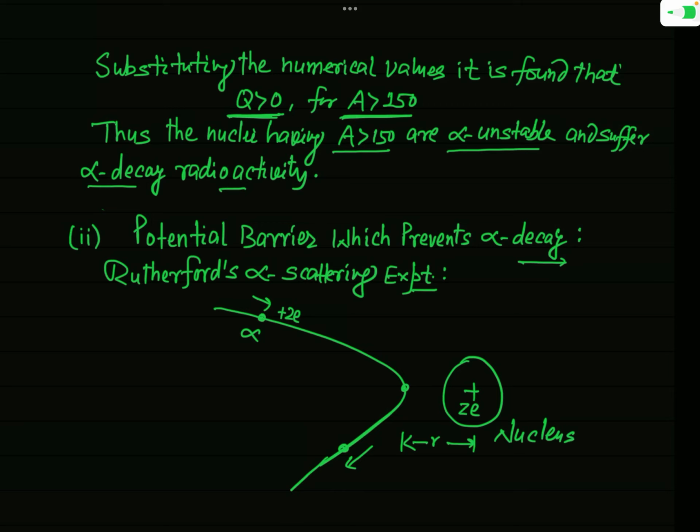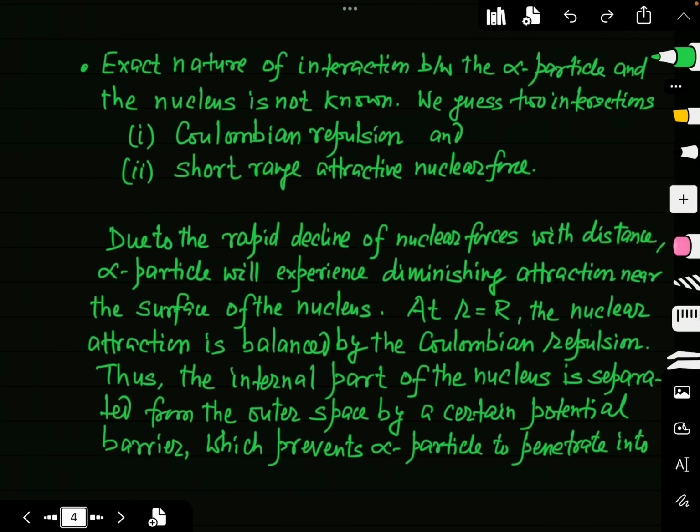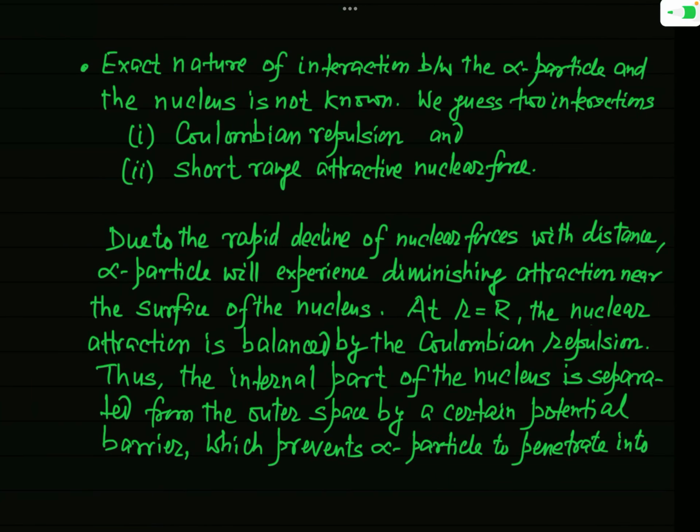When the alpha particle is very close to the nucleus, there may be an attractive interaction between the nucleus and the alpha particle. So as a whole, we can guess that there are two types of interactions between the nucleus and the alpha particle. The first one is Coulombian repulsion, and the other is the short range attractive nuclear force.